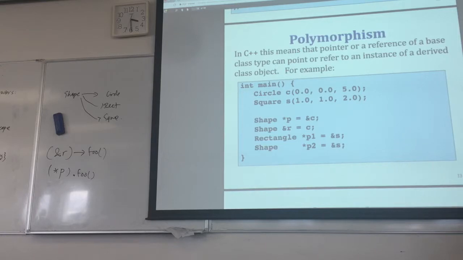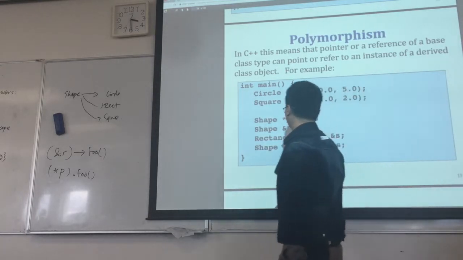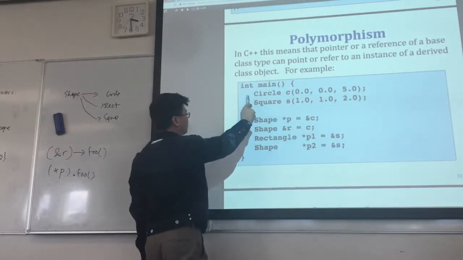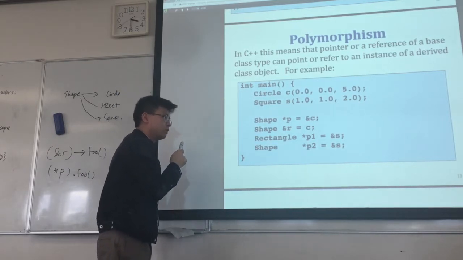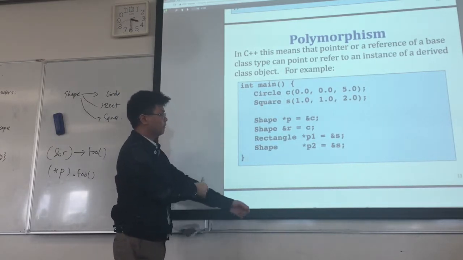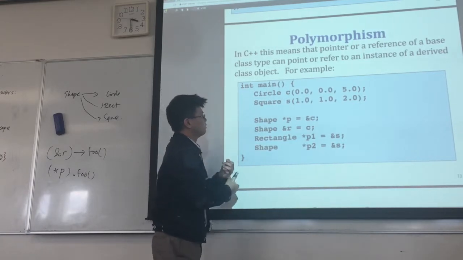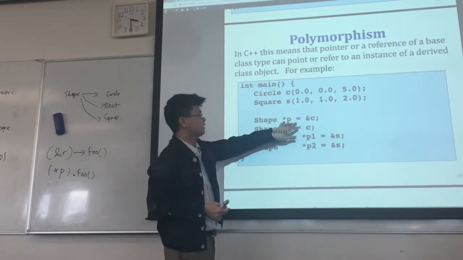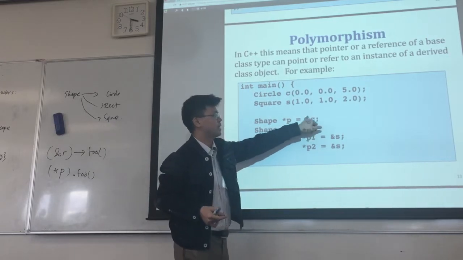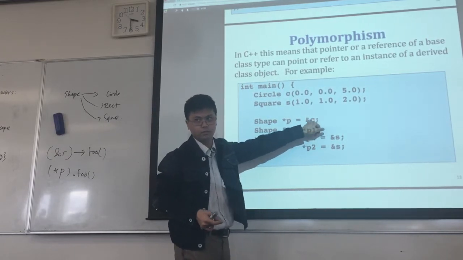But this says we create a circle, and we create a square, and then we create another pointer that points to the same address. So this is the address now. It's no longer an alias.